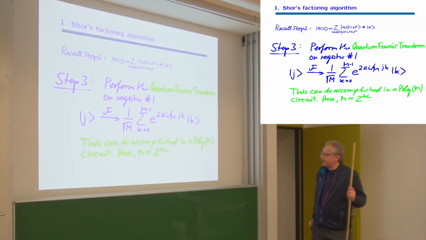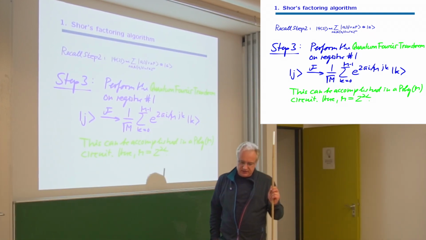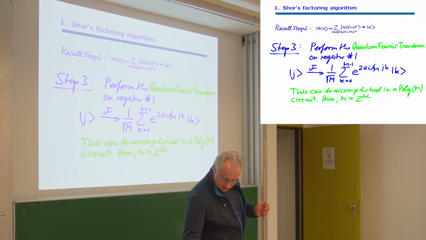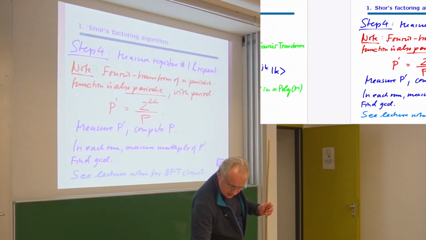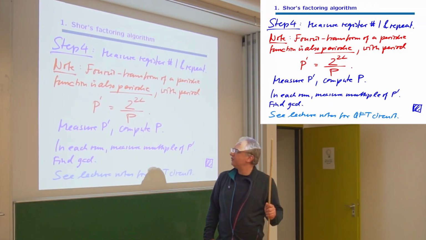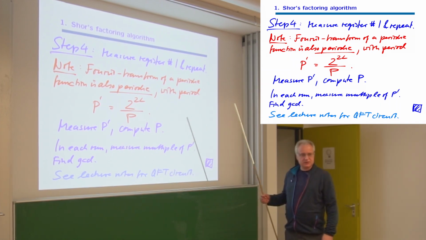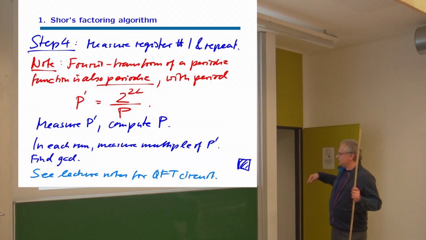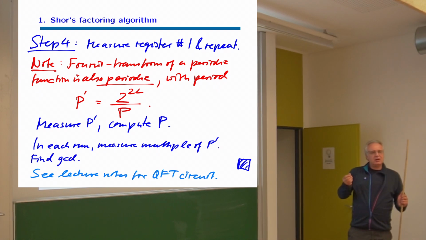And there's also an efficient circuit for doing that. I don't have it here in the slides, but it's in the lecture notes if you want to have a look. Now we are doing exactly as you said. After the Fourier transform, we measure the first register. The offsets translate into phase factors that go away under measurement.